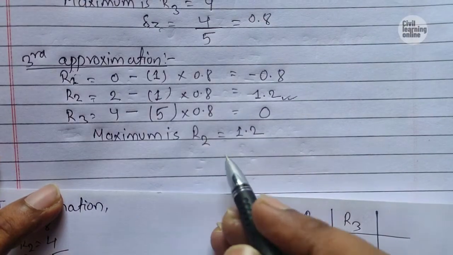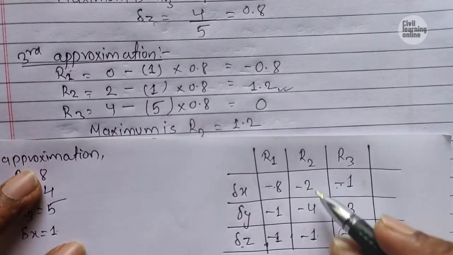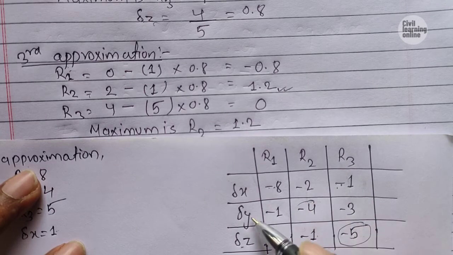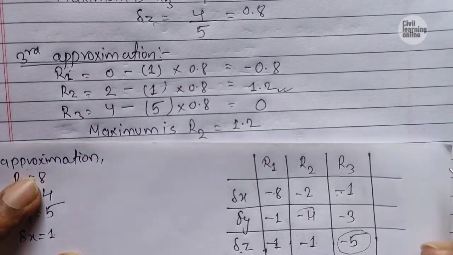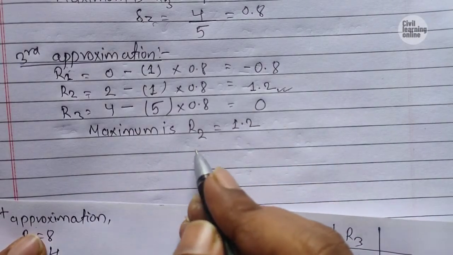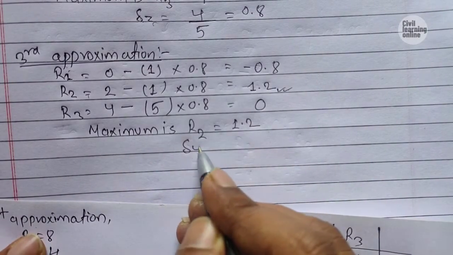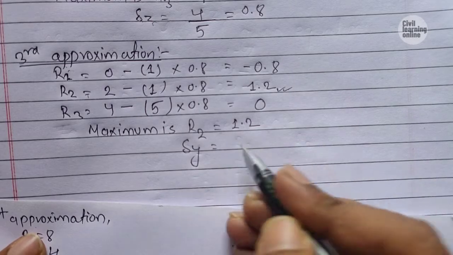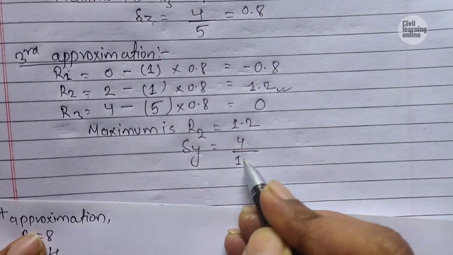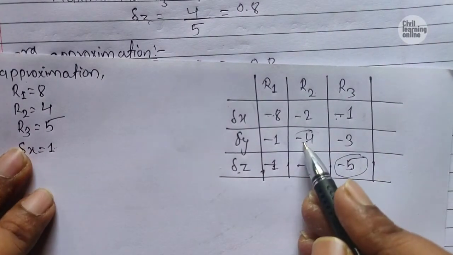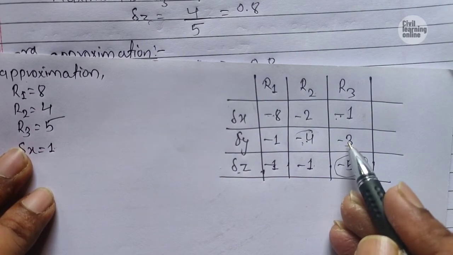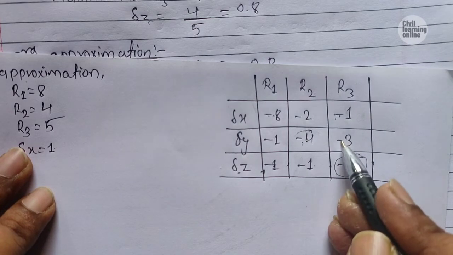Now in r2 we have del y, which has the greater coefficient, minus 4. So we need to divide this by del y. You may have a confusion of how minus 4 becomes greater than minus 3.